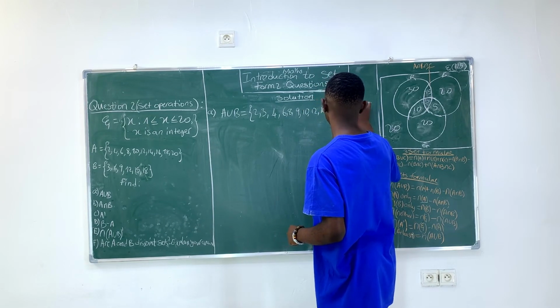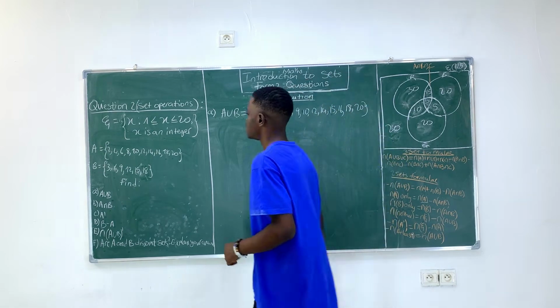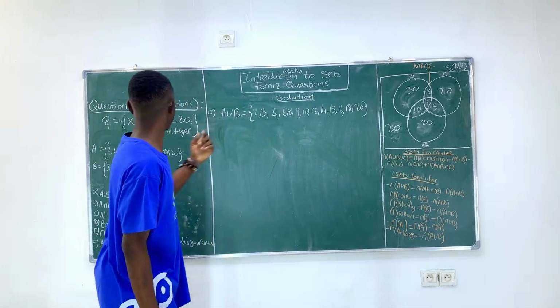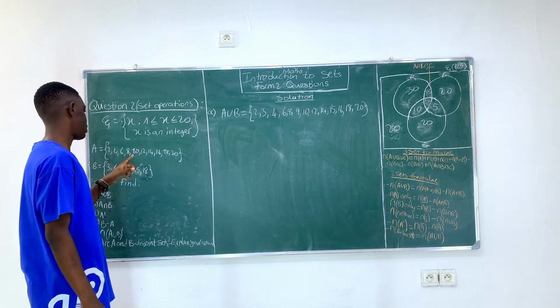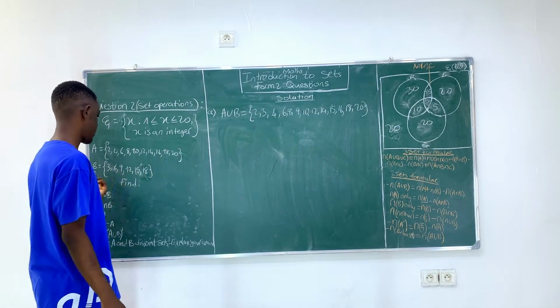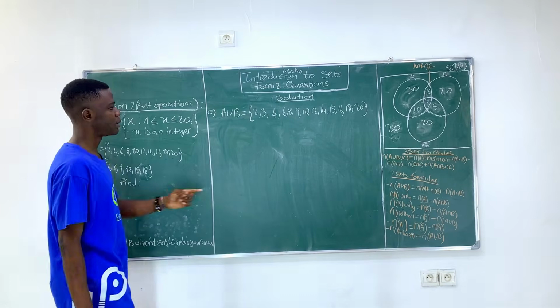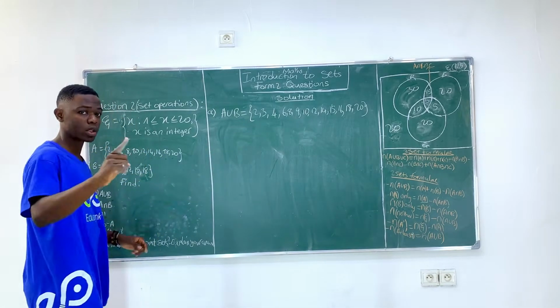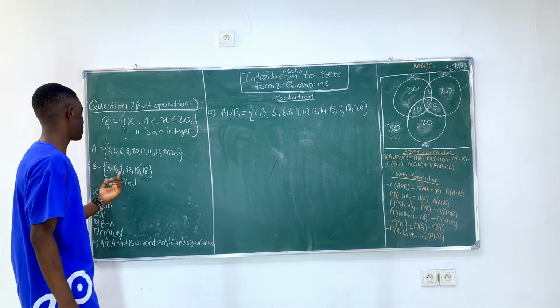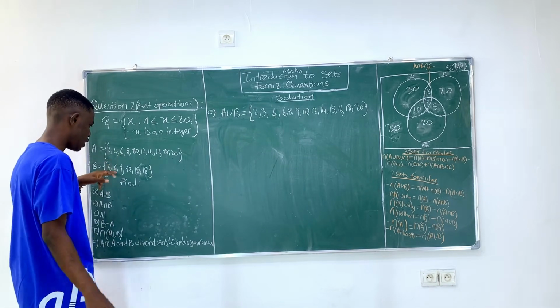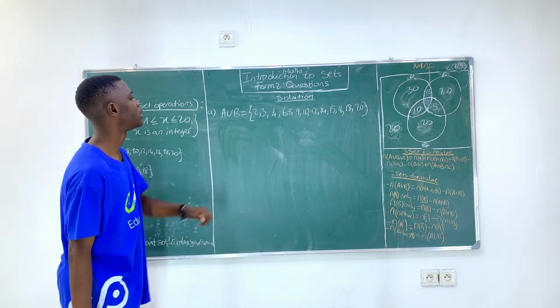There is no 17. There is 18. There is no 19. And there is 20. So this is A union B. If you compare all of the terms here and here, all of the terms appear there once. Just once. There's no term which will appear there twice. Even if it appears in A and B, it appears just once in A union B.